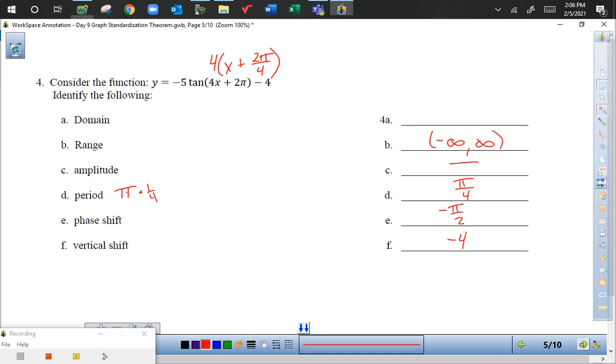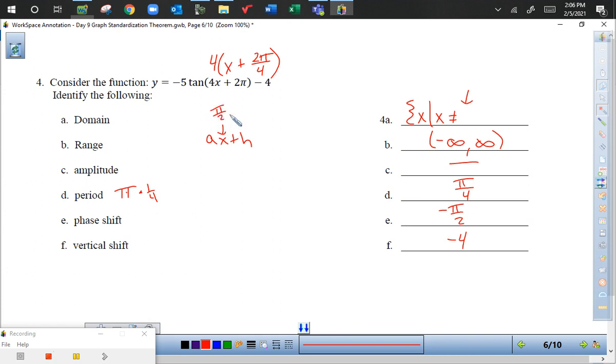With that in mind, I want you to try to come up with the domain on this one. Remember, we're starting out with x such that x can't be, and your first job is to figure out what number goes here based on ax plus h, with that x being pi over 2.